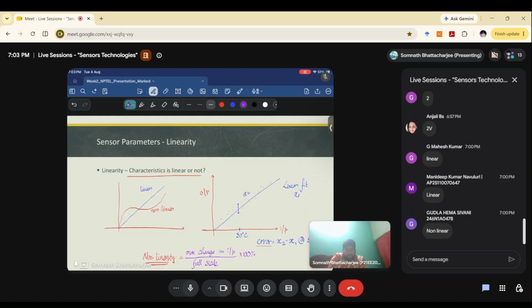So there are several other parameters as well. So selectivity and repeatability. Now, selectivity is how selective a sensor is towards the target parameter. So does anyone know about selectivity? What is selectivity and what is not? Any basic example of selectivity as well?